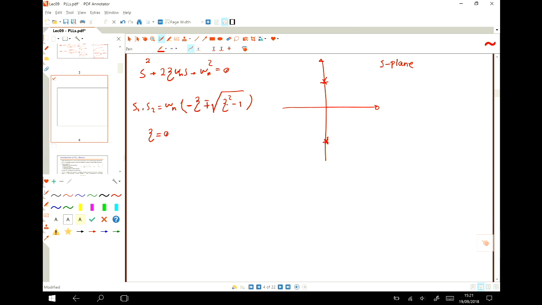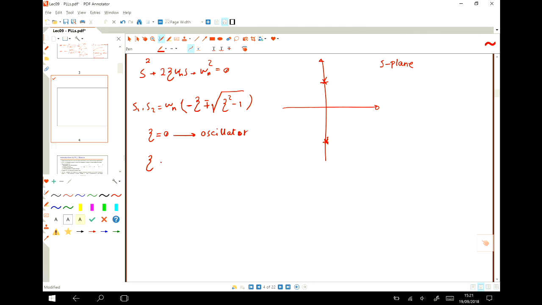Yes, for zeta equal to 0, this is minus 1 multiplied by omega n. All right? And then the system is oscillating. So this is for an oscillator.